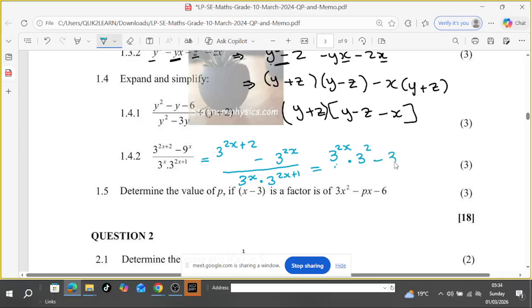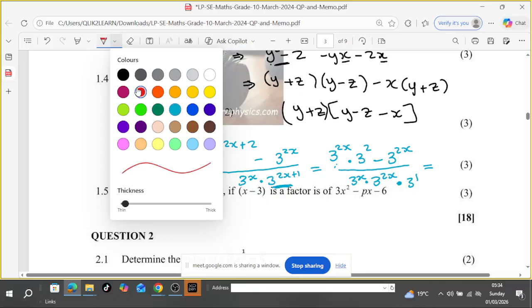We still have minus 3 to the power 2x, everything divided by 3 to the power x times 3 to the power 2x times 3 to the power 1, because we also have to reverse the law. Look on top. I have a common factor of 3 to the power 2x.